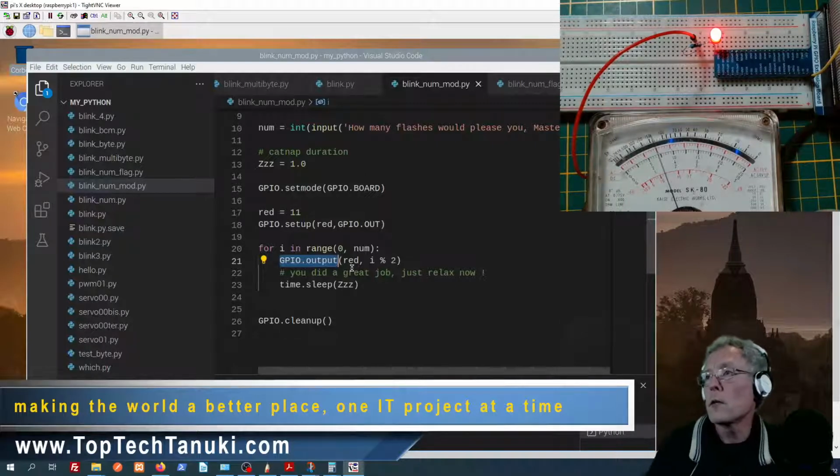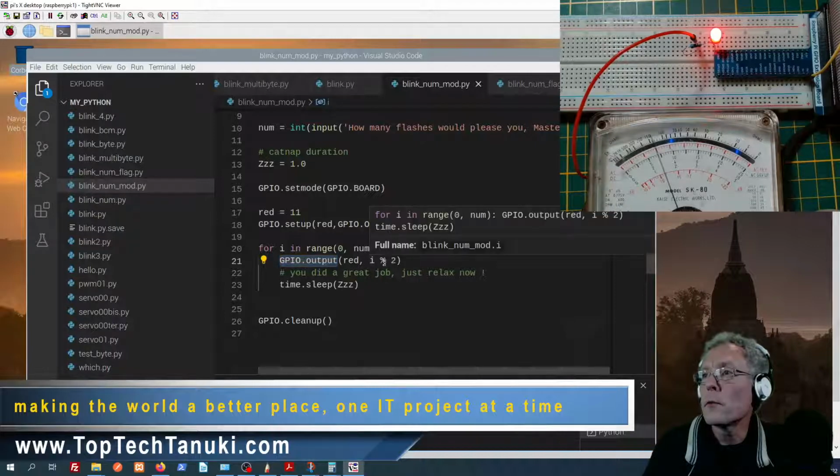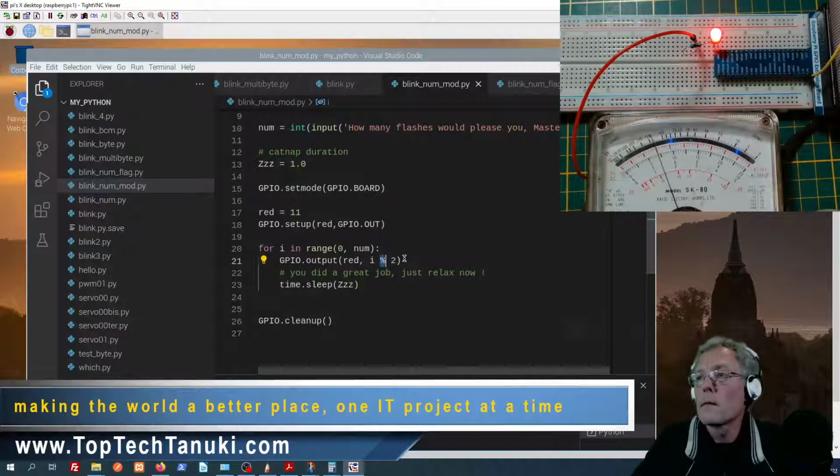which is interesting because we have here an operator which is modulo. Okay, modulo gives you the rest of integer division.